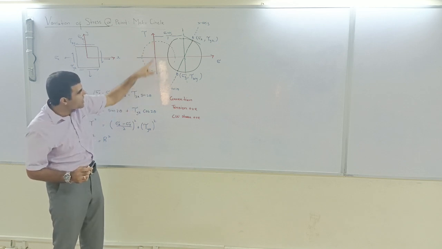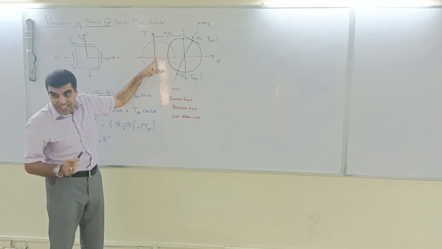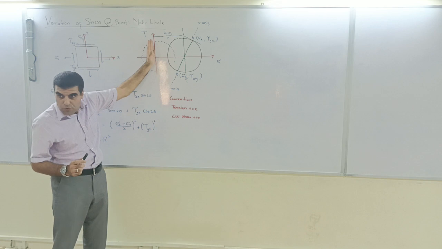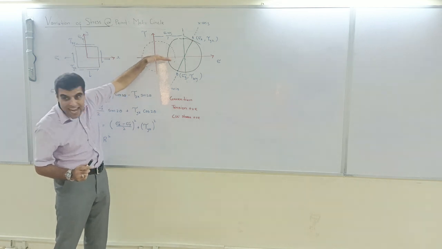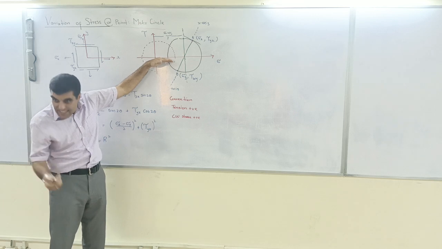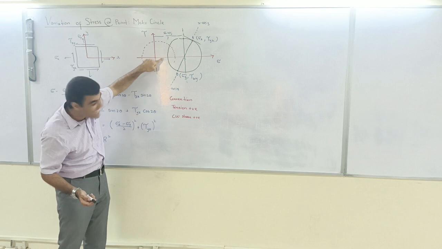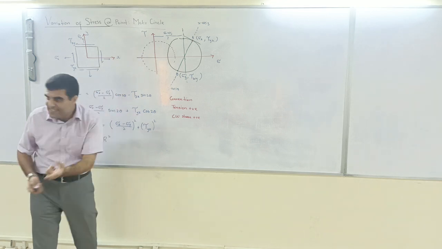Why? Because the circle is drawn at 0, so I have 0 axial stress. Then, if I want to find the principal axis, where I have only axial stresses, that axis is located at 90 degrees in the Mohr circle.